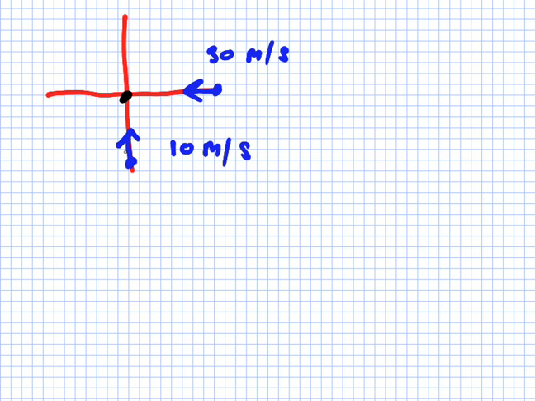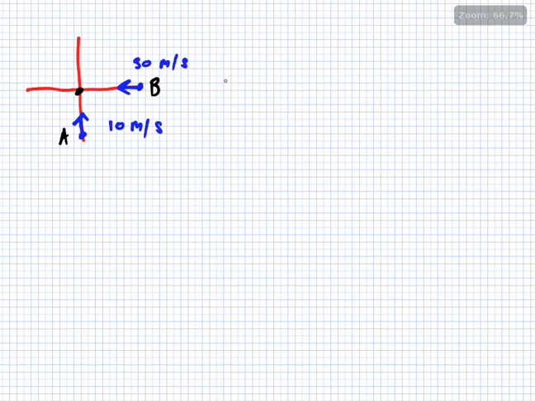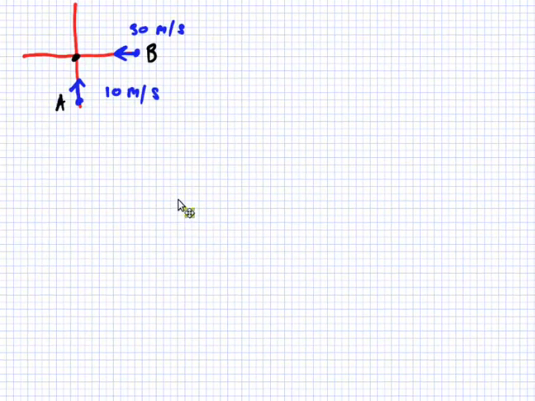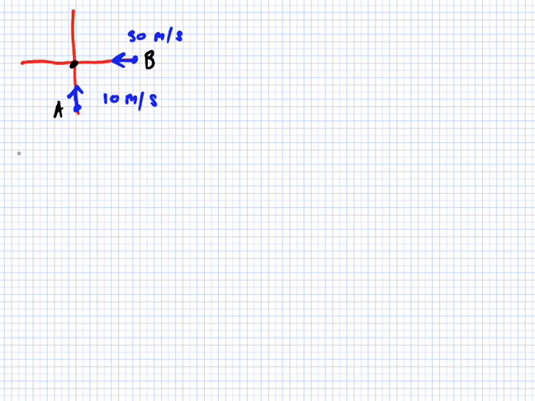So for this car here, let's just call this one A and this one B. For A, the first car, first we put in the point where it's at.